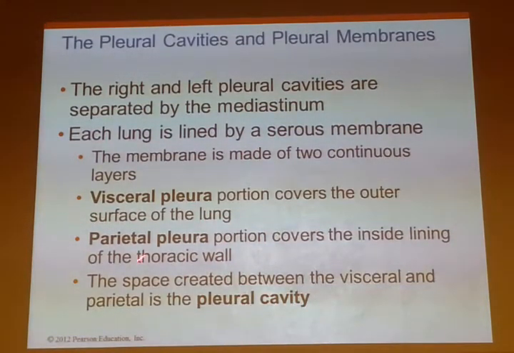So, visceral pleura; parietal pleura lines the wall. They're stuck together by high water content secretions that the serous membranes themselves secrete, and that puts this fluid into the pleural cavity. The pleural cavity is just that very small space between the two pleura with that fluid in it.